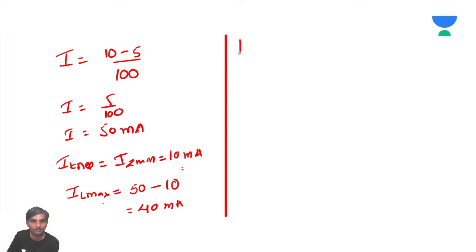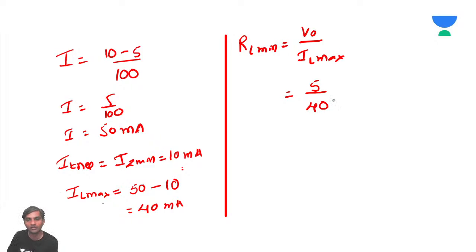RL minimum is nothing but V output by IL maximum. So it is 5 volts by 40 milliamps. Now tell me, Balaji, the answer, RL minimum.